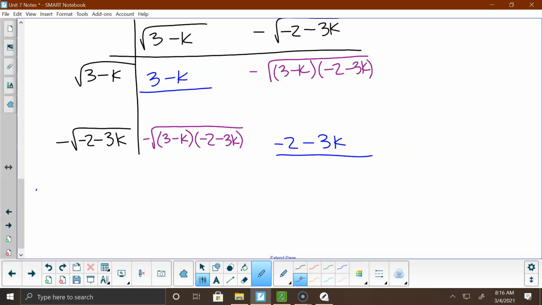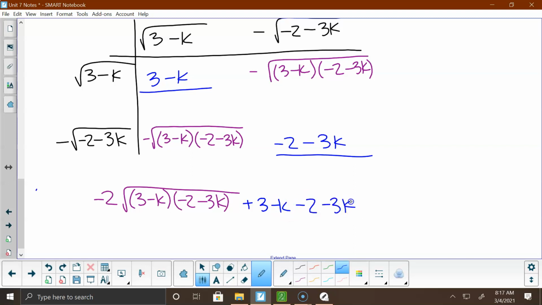So these two right here combined give me a negative 2 times that horrible purple square root. Then after it, I've got plus 3 minus k, minus 2 minus 3k, and then this is just going to equal positive 1. Because we were lucky, that right-hand side was nice. I can deal with it.